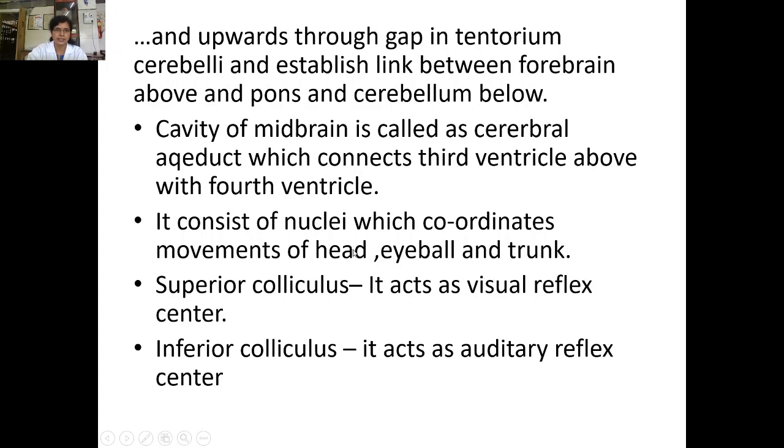These are the superior colliculi, which act as the visual reflex center and also coordinate the movements of the eyeball in response to visual stimuli. The second nucleus is the inferior colliculus, which acts as the auditory reflex center, and it coordinates the movements of the head and trunk in response to auditory stimuli.